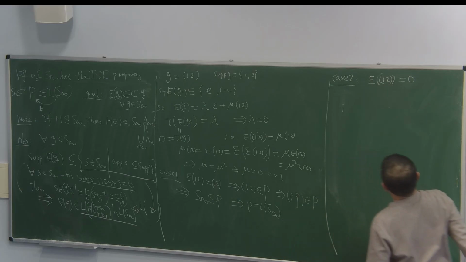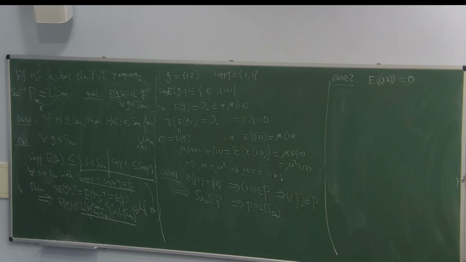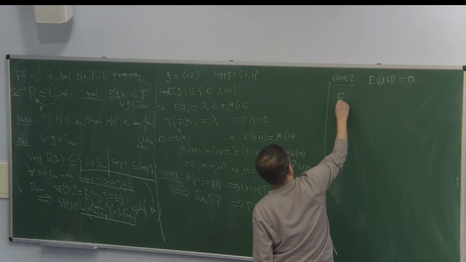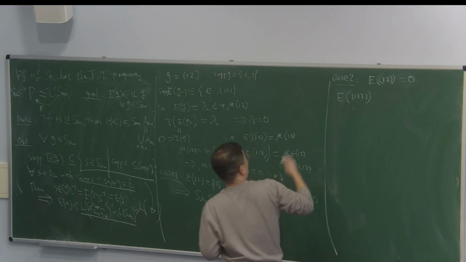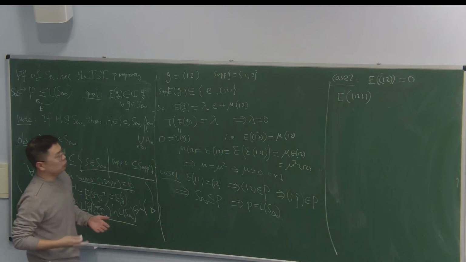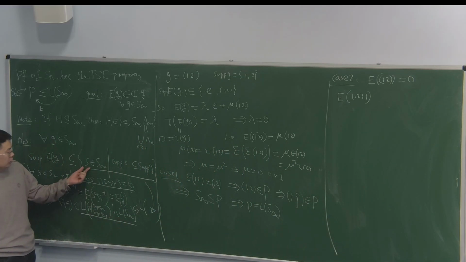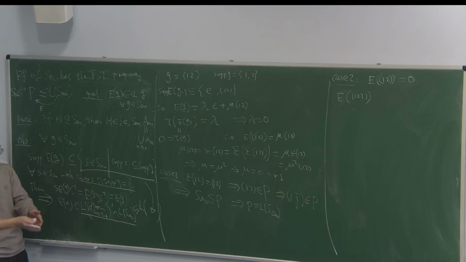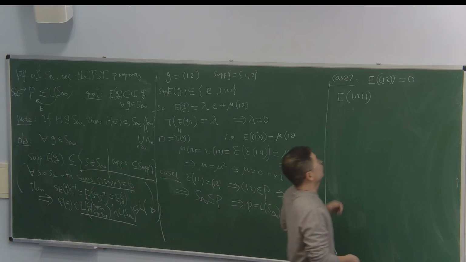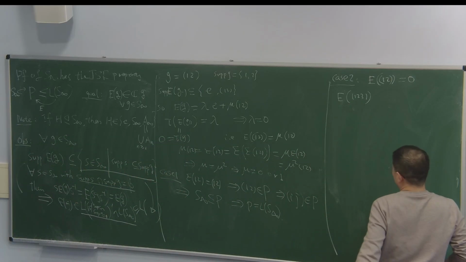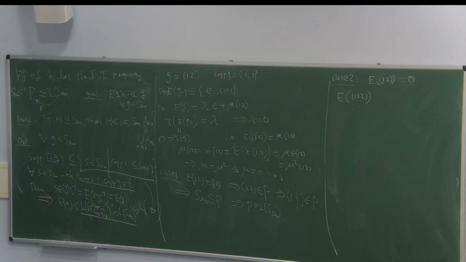This is the transposition equals 0. Now we have to consider E of (1 2 3). Well, (1 2 3) has support {1, 2, 3}, three points. So you need to consider all the permutations on these three points. You have at most 6 elements in the support of this. It's a little complicated, but you can still handle it.